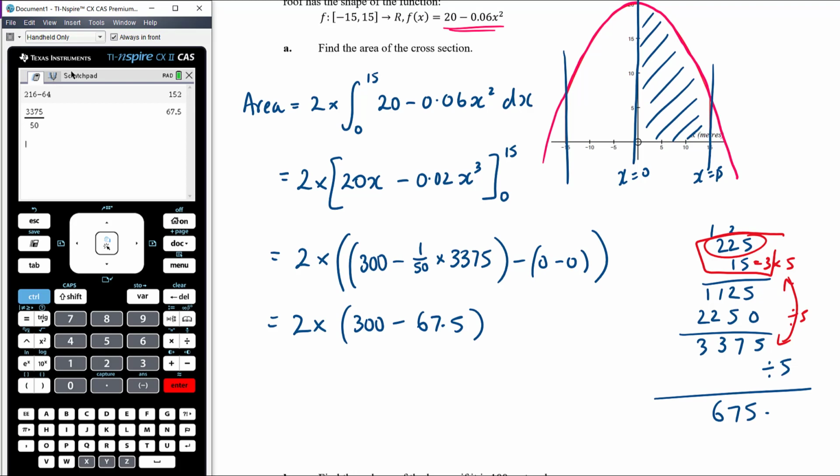But please don't expect that you'll need to do that level of number work and fractions in a tech-free paper.